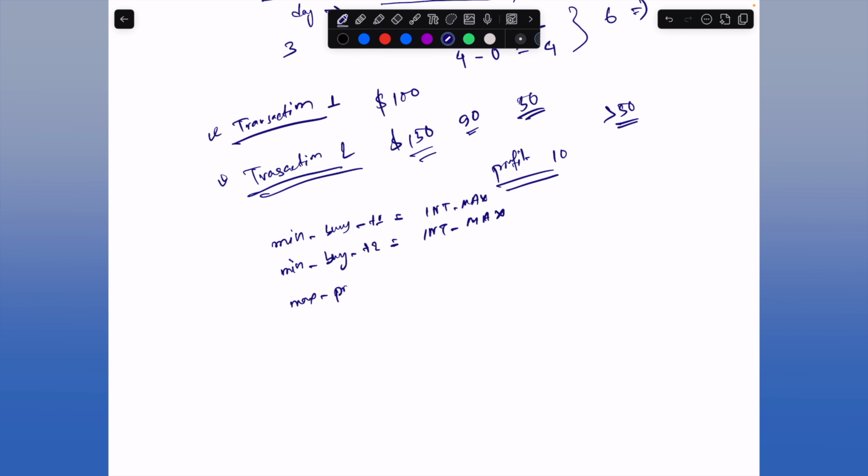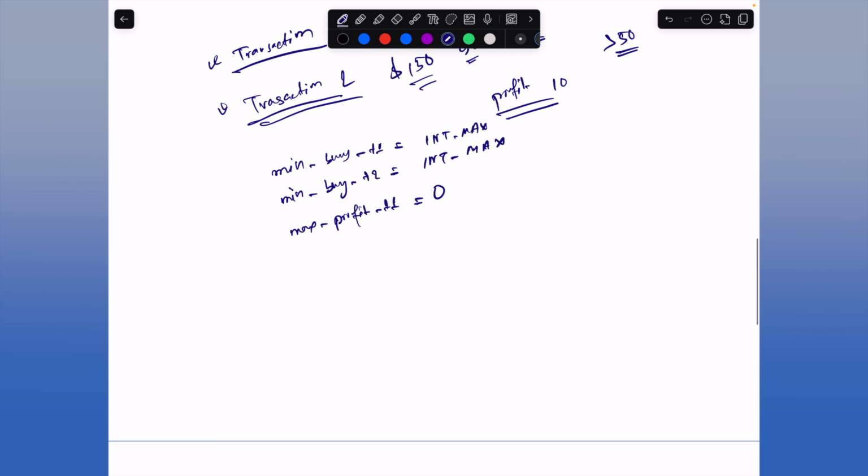Maximum profit T1, I have not gained any profit over here, so 0. Maximum profit T2 also 0. Now for each price, so for price in prices.